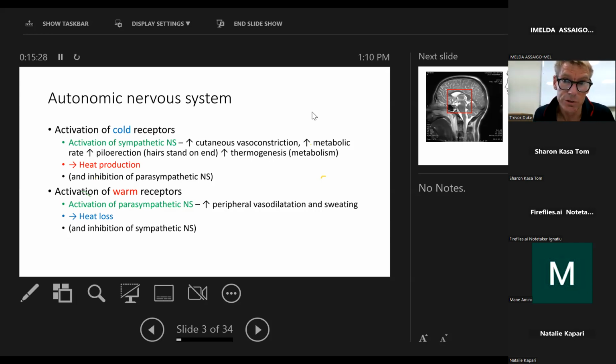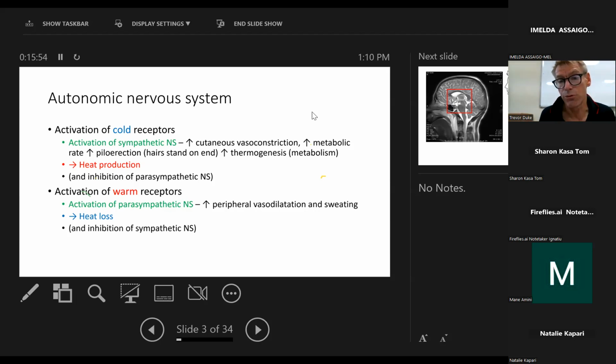If you're exposed to extreme heat, however, then you get activation of your parasympathetic nervous system, and that causes vasodilatation. So when we're exposed to very hot weather, then we get peripherally vasodilated and we start to sweat, and all that's designed to lose heat.